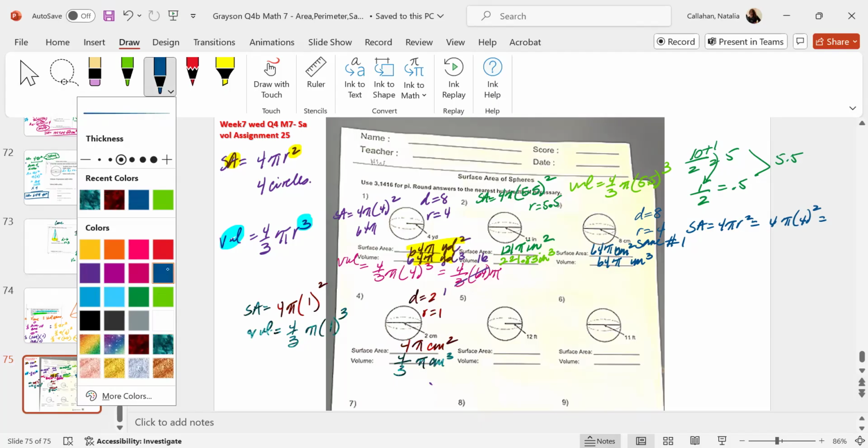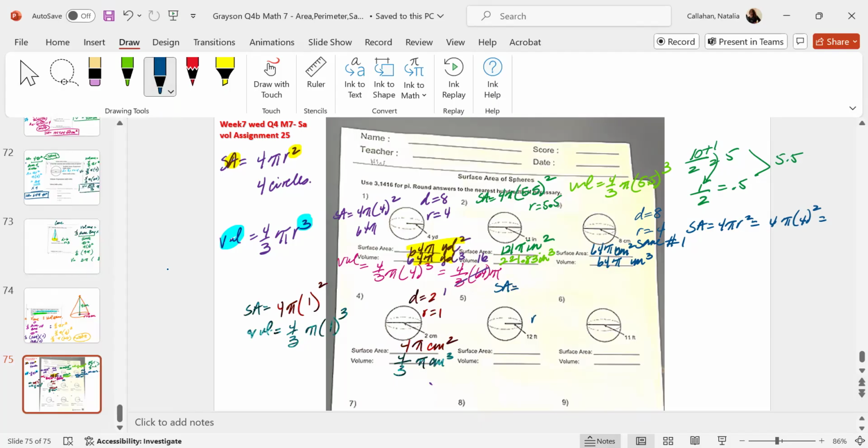Next one. Surface area. Look for this. What's given to you? Is it radius or diameter?